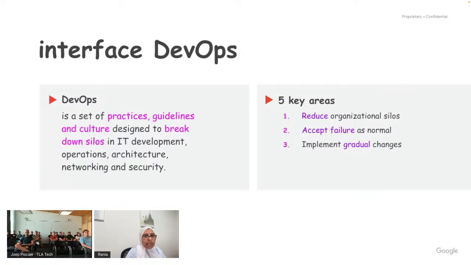It's more about implementing the proper pace based on your production reliability. And also leverage tooling and automation. So those are the 5 key areas that are considered whenever we are talking about DevOps.